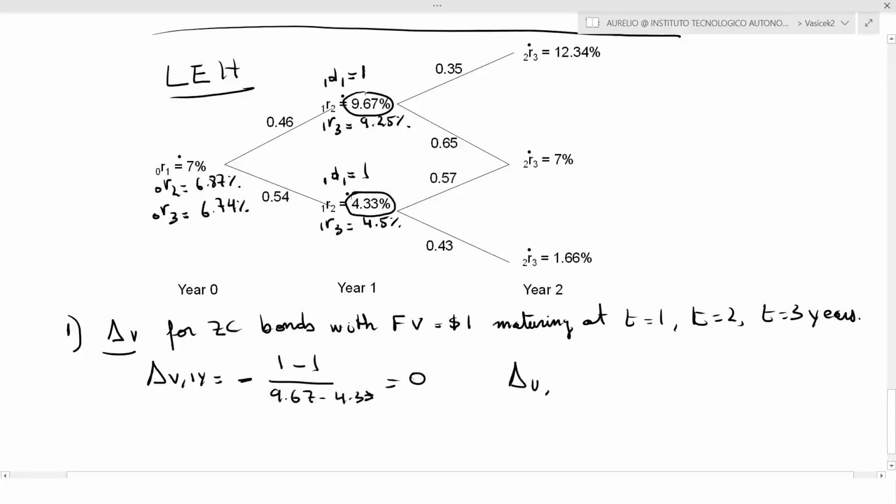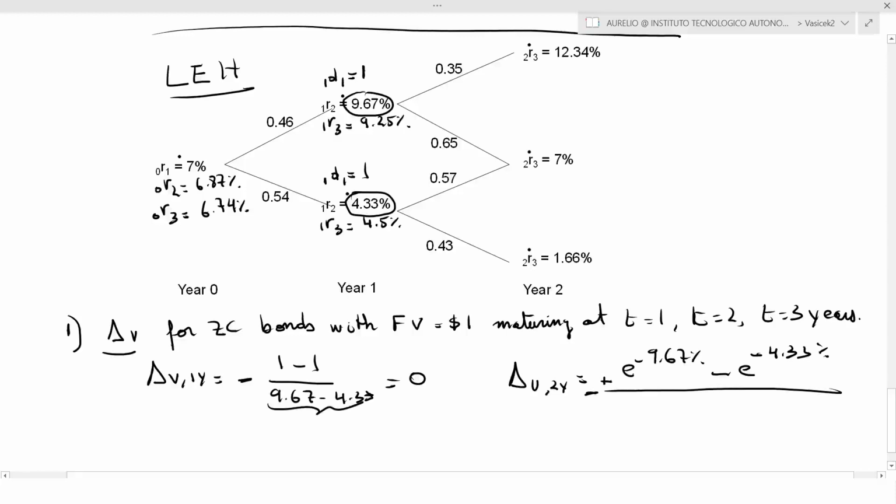Now, delta Vasicek for the 2 year is going to be equal to minus, and then we need to take the price of a 2-year bond in year 1. So this is going to be e to the minus 9.67% times 1. Even though it's a 2-year bond, since we're pricing it at year 1, 1 year has already gone by, e to the minus 4.33% times 1 again, and this over, again, we're going to take this quantity.